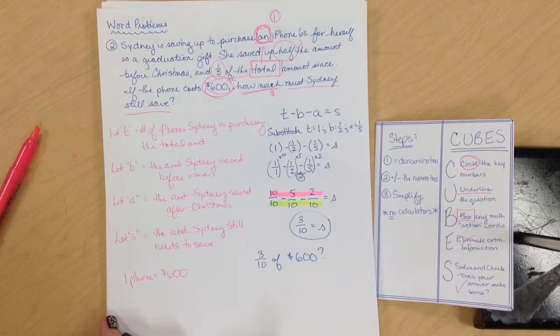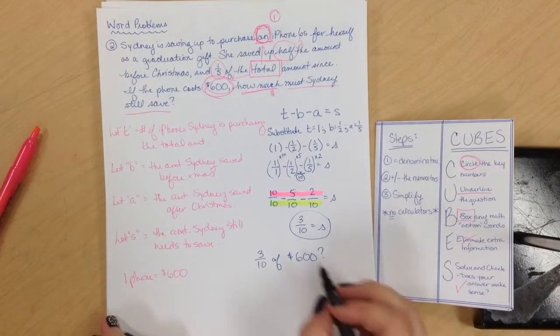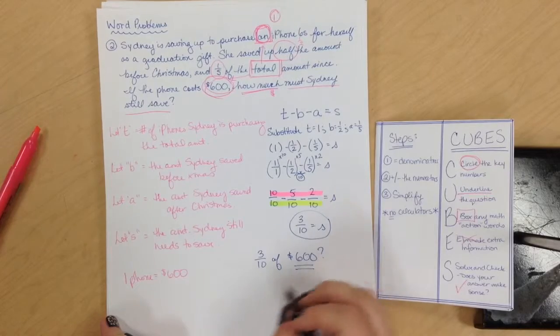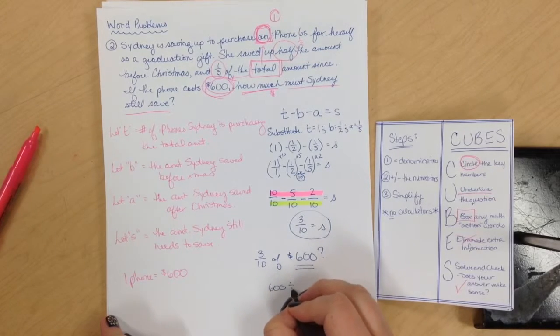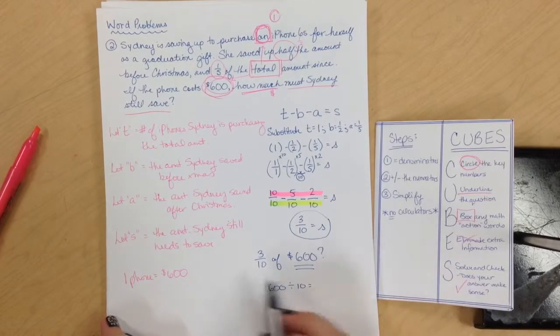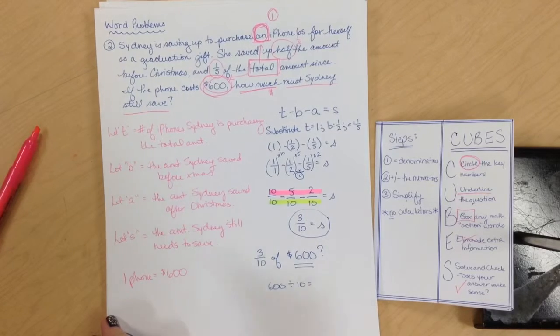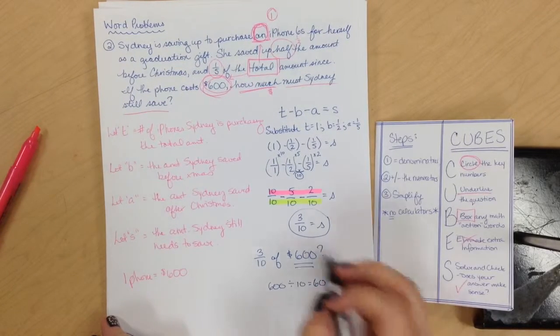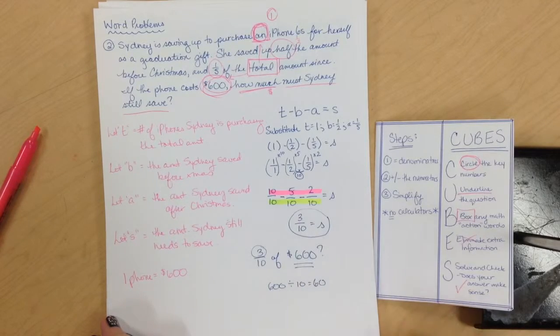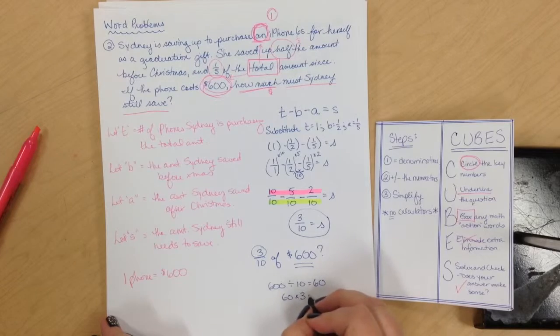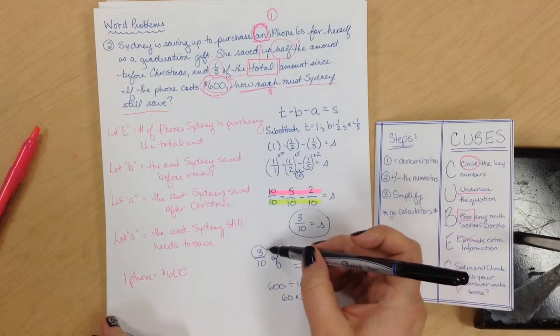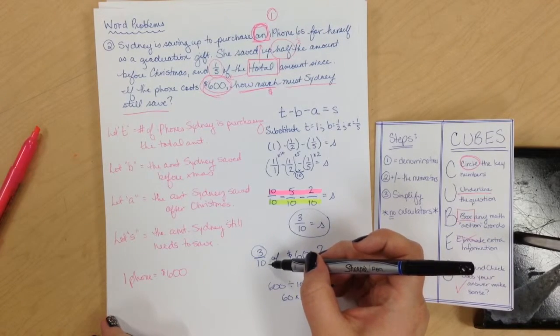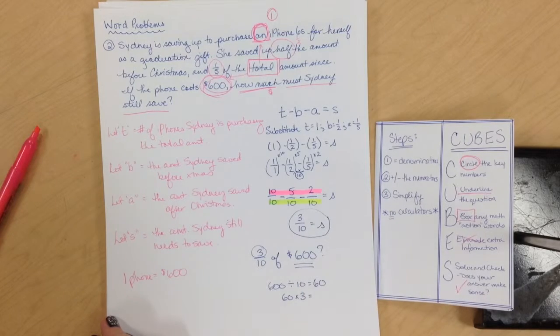Well, an easy way to solve this is to take the 600 and divide it into 10 equal parts to get how much 1/10 would be. So 600 divided by 10 is 60. I can then take the 60 and multiply it by 3 because there are 3 of the 3/10 in total that she still needs to save.